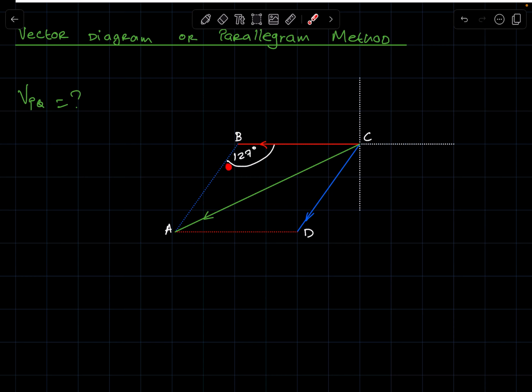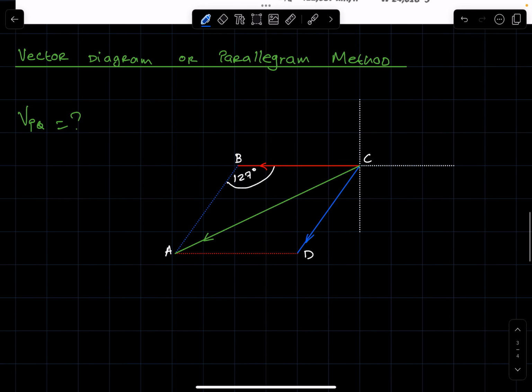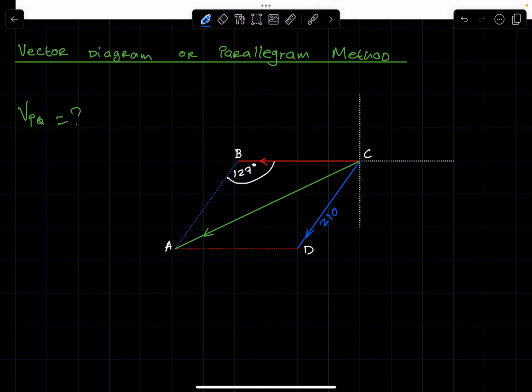For instance, if you look at this angle here that we've established, this 127 degrees, is it an included angle? We look at the vectors that it is between. It is between this vector and that vector. Remember that this here is 210 kilometers per hour, and this one here is 250 kilometers per hour.